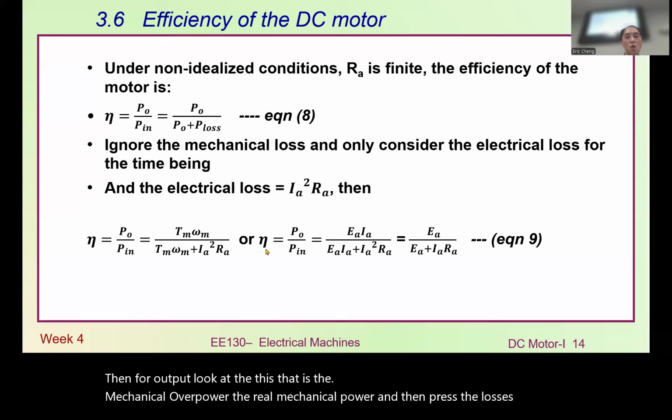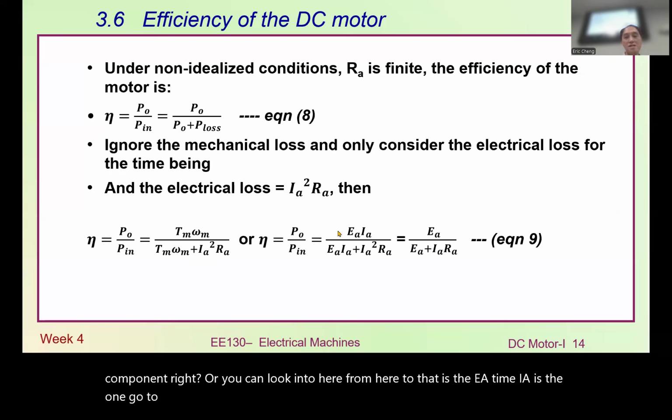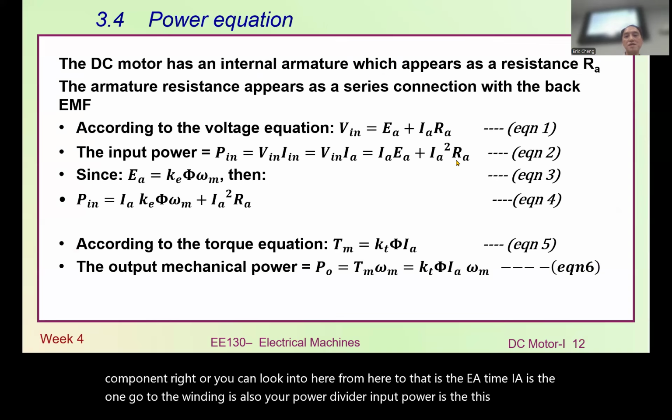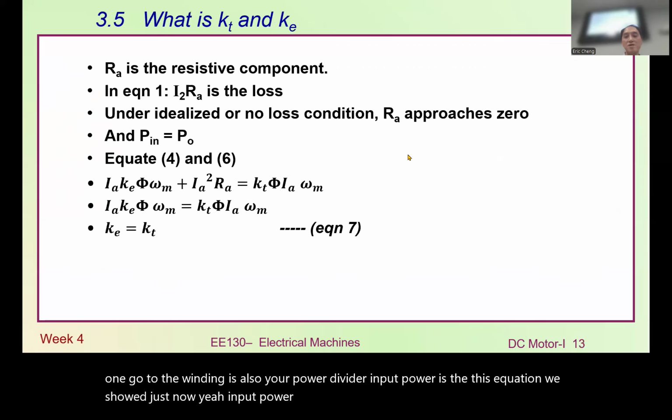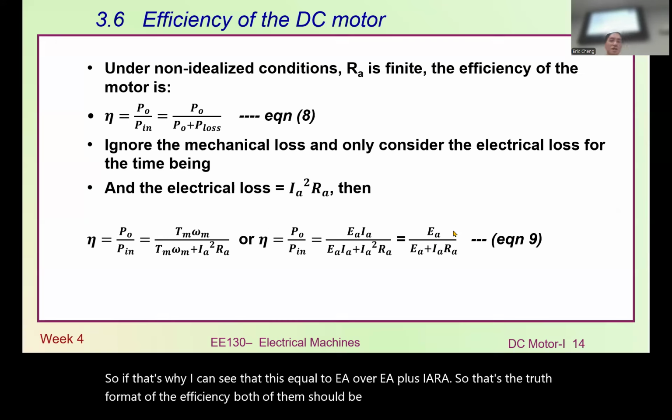Or you can look here, EA times IA is what goes to the winding, it's also your output power, divided by input power, which is the equation we saw just now. So this equals EA over EA plus IARA. So that's the two formats of the efficiency. Both of them should be okay to get the performance of the motor.